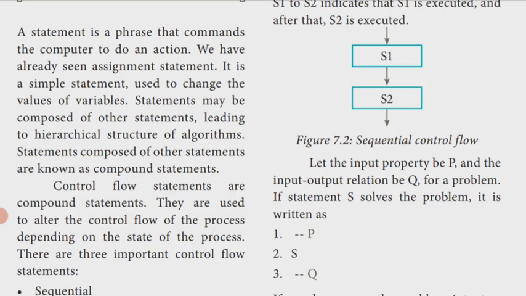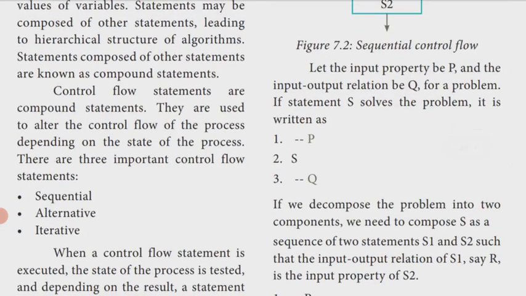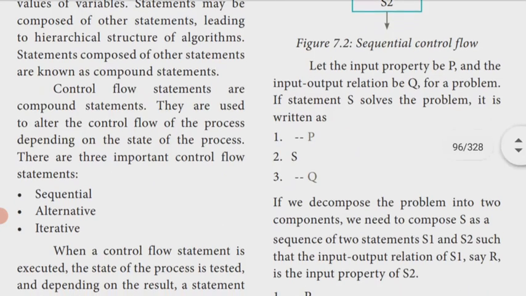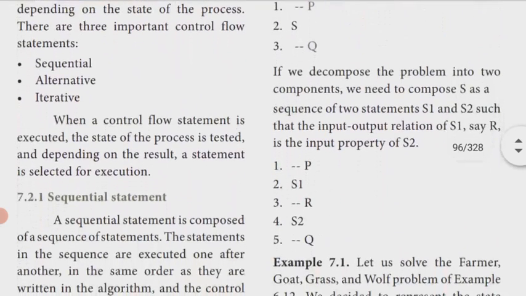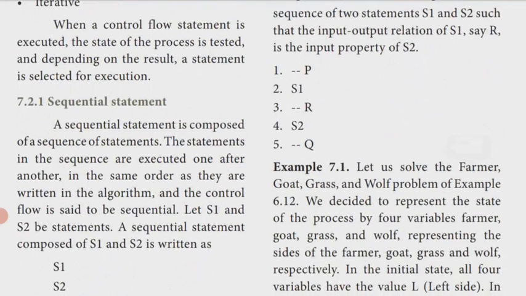That is control flow. Here we are using three types of control flow statements: sequential, alternative, and iterative. So the first one is sequential, that is order, one after another.